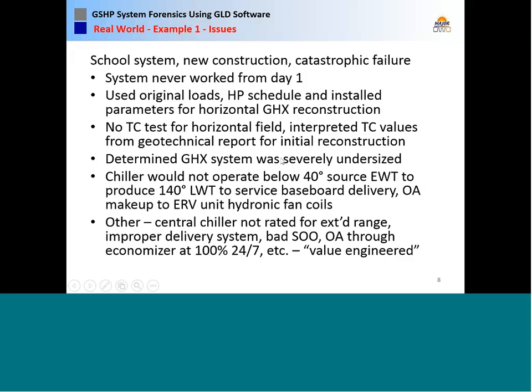So we also had a bad sequence of operation, and to make matters worse, the general contractor and his mechanical decided to value engineer an already questionable design. So this thing went bad to worse.